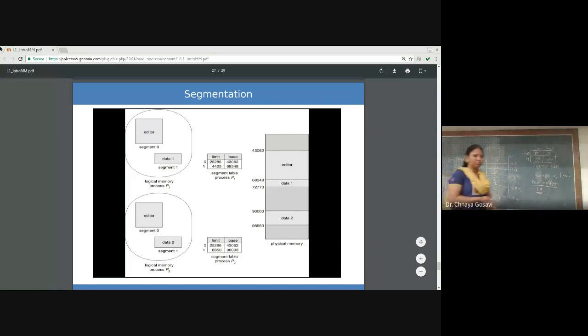Now, is there any problem of fragmentation? Can you see, is there a problem of fragmentation? Or no fragmentation? What is fragmentation?